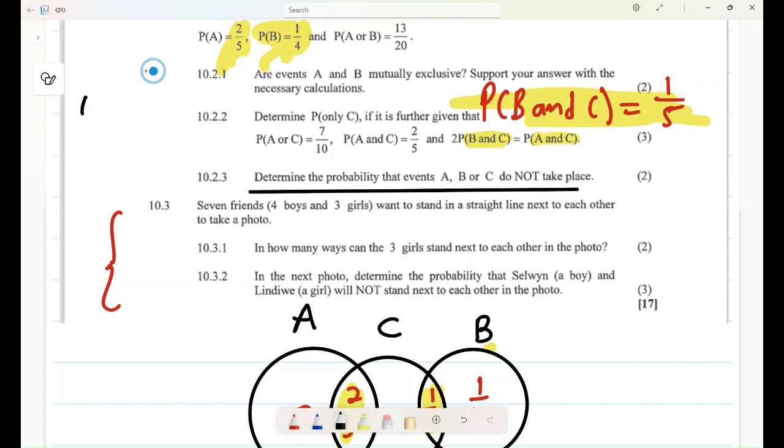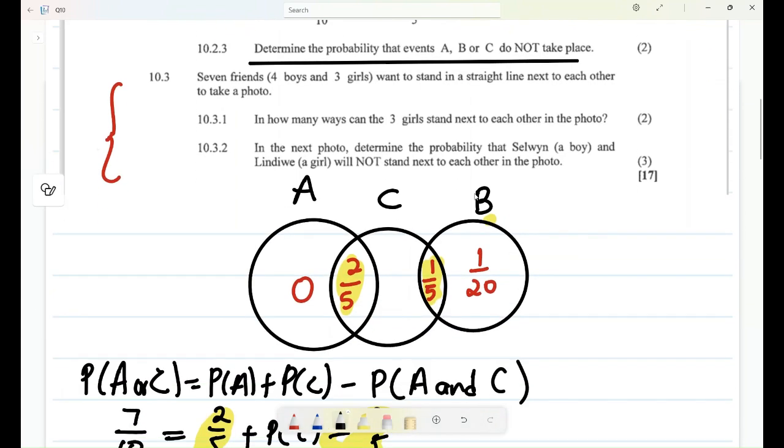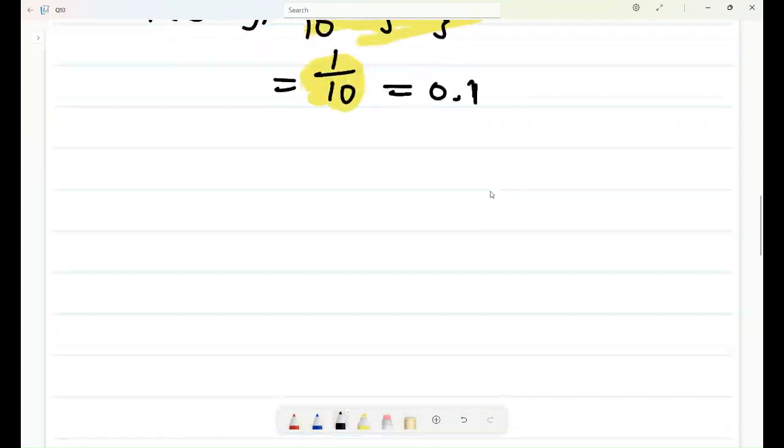So we cannot directly determine the probability that something cannot happen. Instead, we can find the probability that something can happen, then subtract it from 1. Or what I mean is that you can say 1 minus the probability that something will happen. At this stage, you cannot determine the probability that something will not happen.